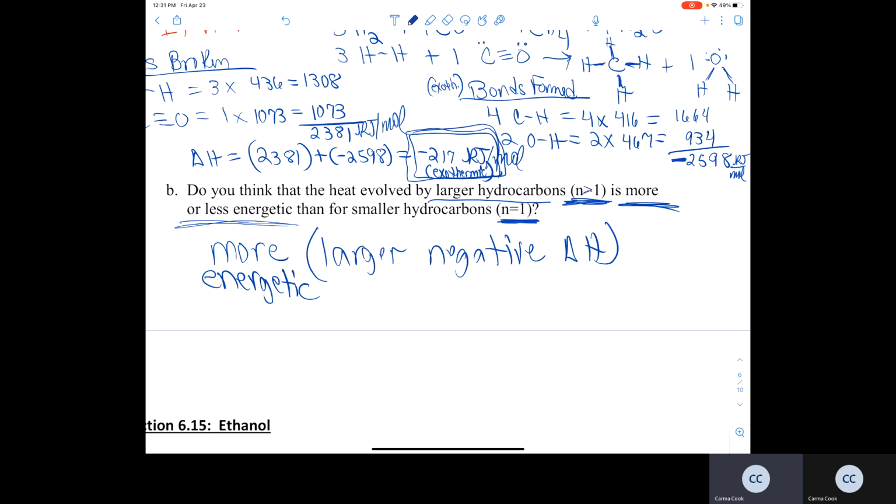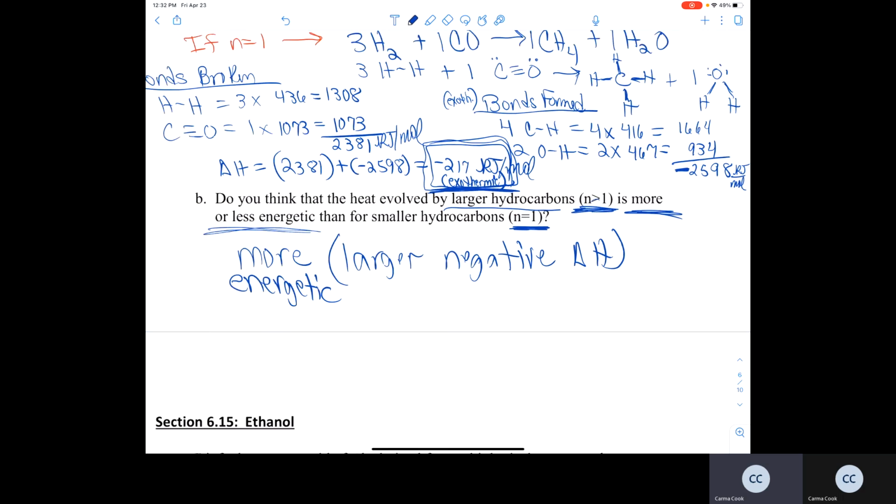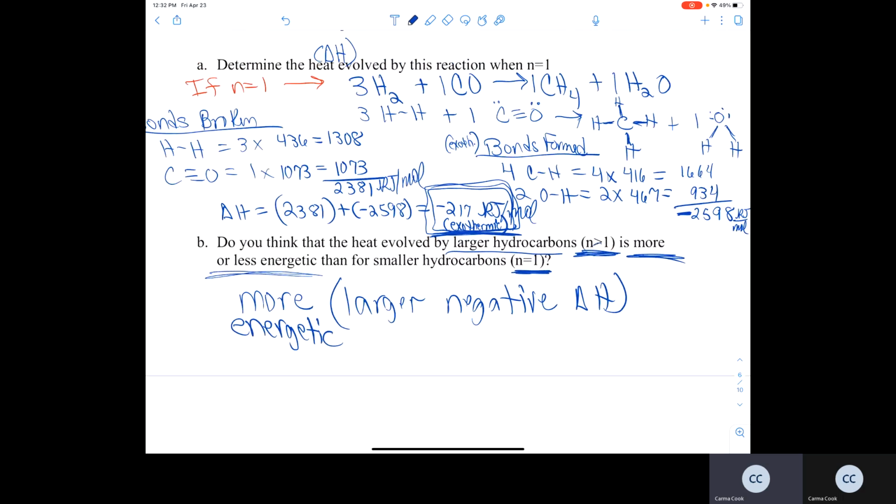So the more carbons in the hydrocarbon that you produce by the Fischer-Tropsch process, the more energy is released by the reaction. Your delta H will become an even larger negative, because the overall reaction is exothermic. That brings us to the end of the pre-class lecture for Chapter 6 on the Fischer-Tropsch process.